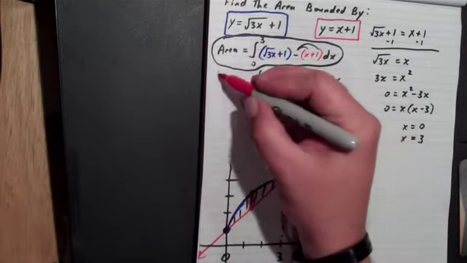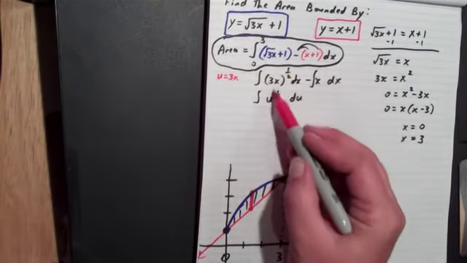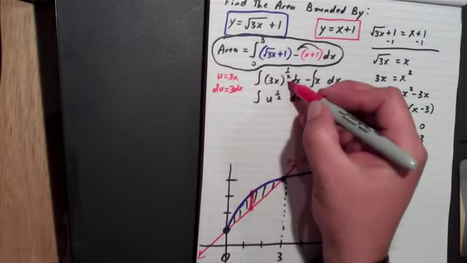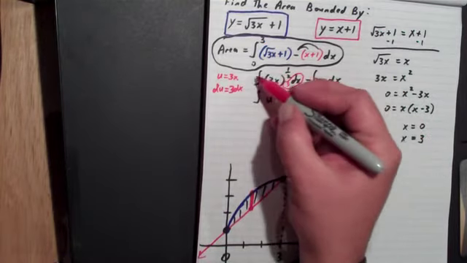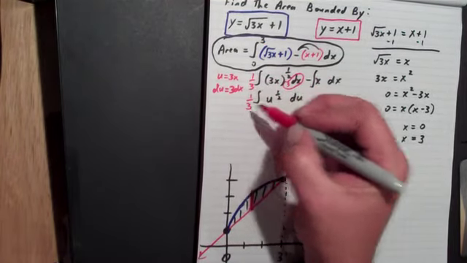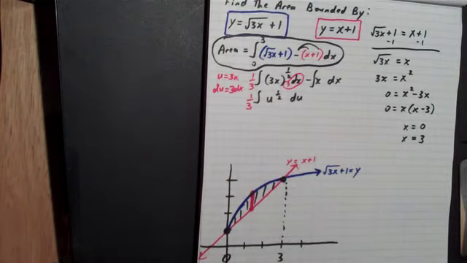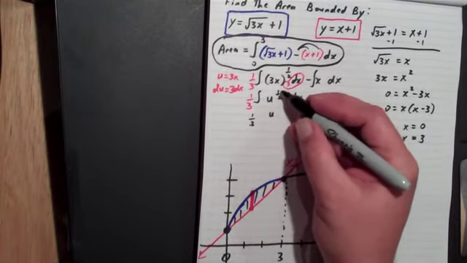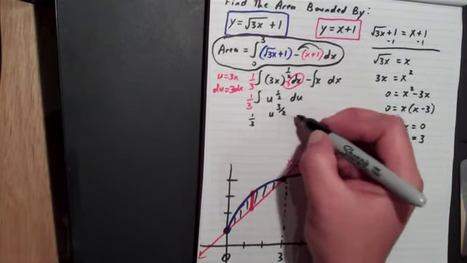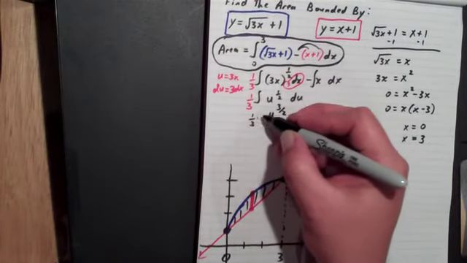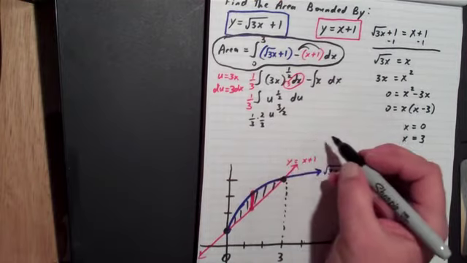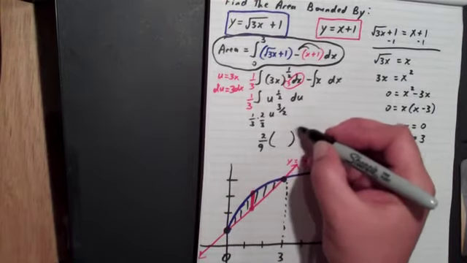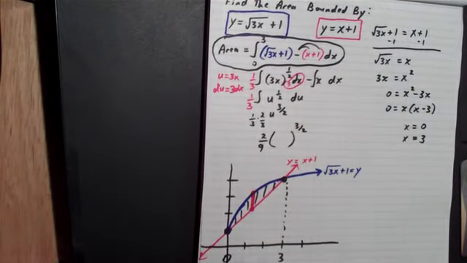If u is 3x, what is a derivative of 3x? 3 dx. So you might need to multiply by a constant of 3 on the inside, and its reciprocal on the outside so that you don't change the value. So this integrates u to the 1 higher, 1 more than 1/2, or 2 halves more than 1/2 is 3 halves. Dividing by 3 halves is the same as multiplying by 2/3. So I believe that's 2/9 u, which is 3x, to the 3 halves.